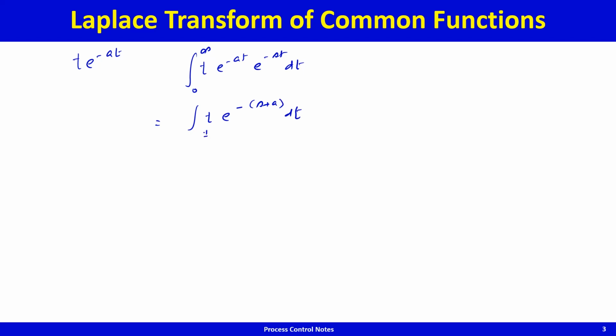Integrate by parts. This is the first function, this is the second function, so that's going to be t e to the power minus (s plus a)t divided by s plus a with a negative sign, minus the derivative of t, which is 1, times the integral of e to the power minus (s plus a)t, which is e to the power minus (s plus a)t divided by minus (s plus a), so this will become plus.